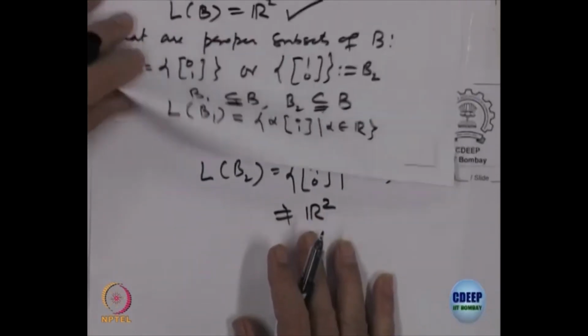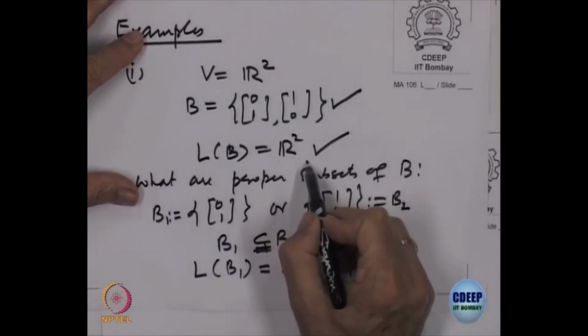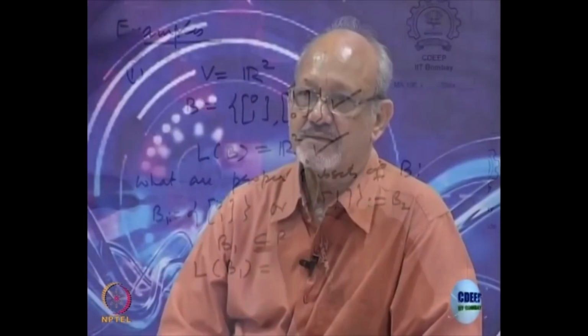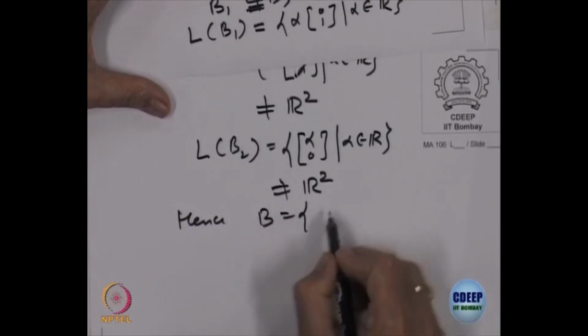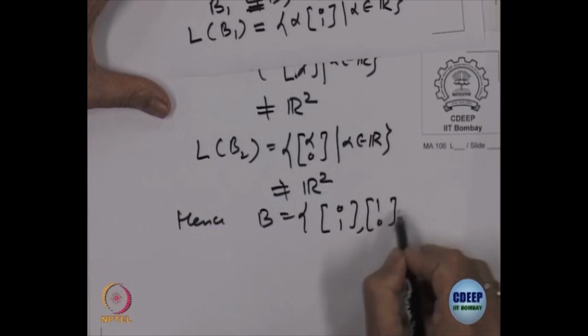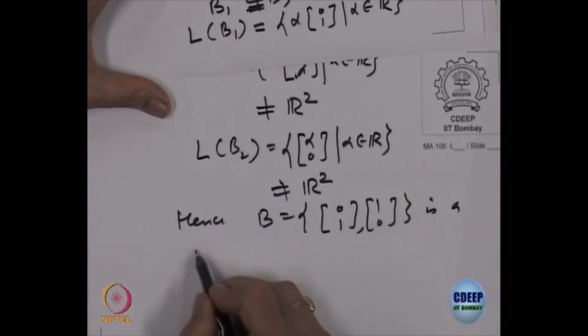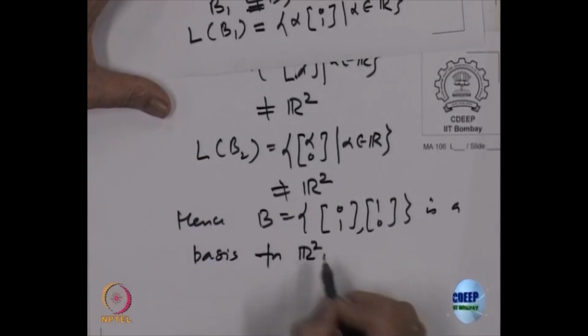That means if I look at this B, it has the property that L of B, the span of B, is the whole of R 2, and even if I cut one of the elements, that does not span the whole of R 2. So, hence B, which is equal to 0 1, 1 0, is a basis for R 2.